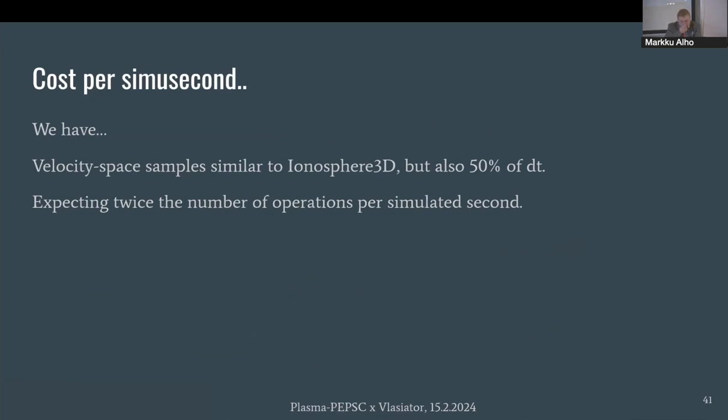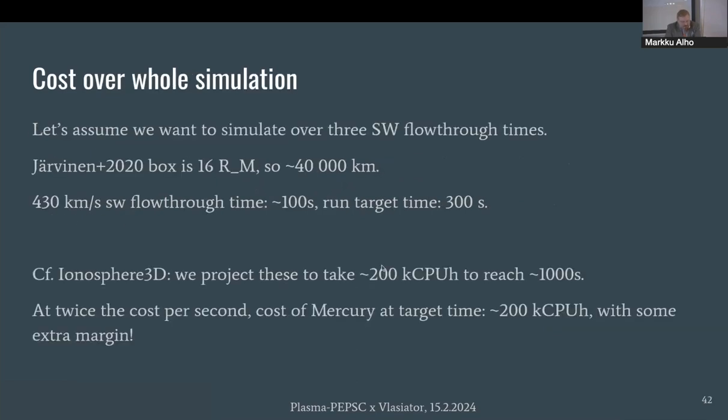And then what is the cost per simulated second? Well, twice the time steps needed for one measure of time. So velocity space samples are similar to this case. So we are building on our experience a bit here on the statistics of the old runs, and expecting twice the number of operations per second.